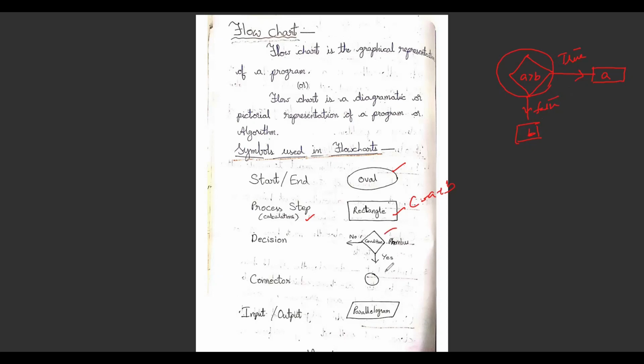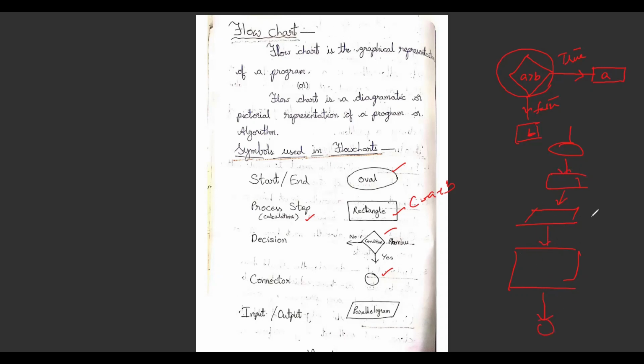Then the connector. The connector is given with a circle. Let us suppose on one page I'm doing some operations like this: start, then some steps, a rectangle, a parallelogram, then a rectangle, whatever it is. Up to here my page is completed, let us suppose.